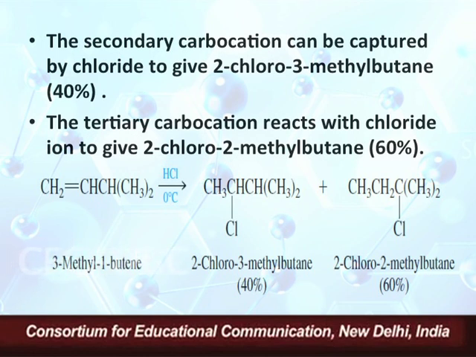How can we explain the reaction? The secondary carbocation formed as the first intermediate undergoes a hydride shift to form a more stable, tertiary carbocation, and this results in the formation of two products.